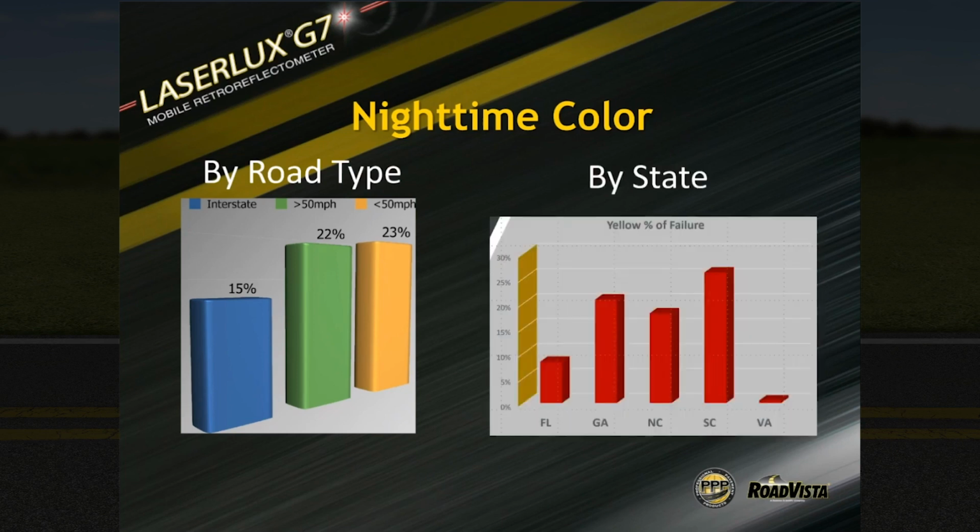Now, we broke that out by state, because we were able to with the segmentation that we were doing with our data. We found that the one that had the most problem with yellow was South Carolina, which was really interesting because they did not have the lowest average retroreflectivity. What we were finding was the failures were on the newer lines.